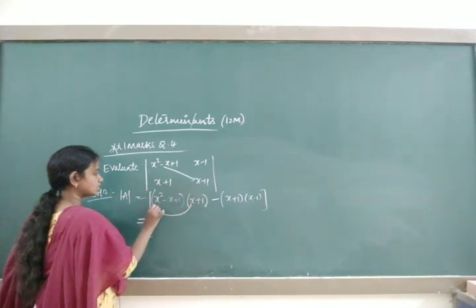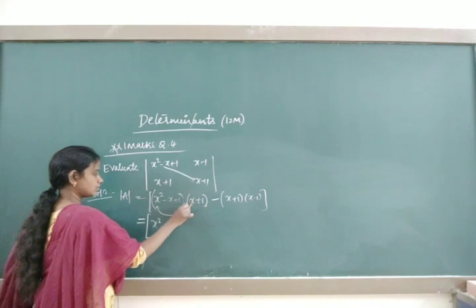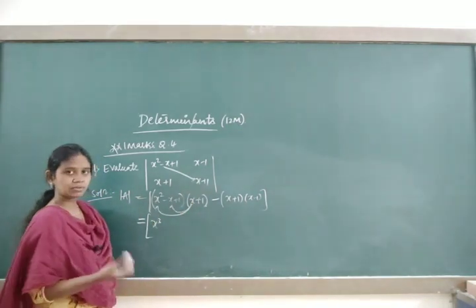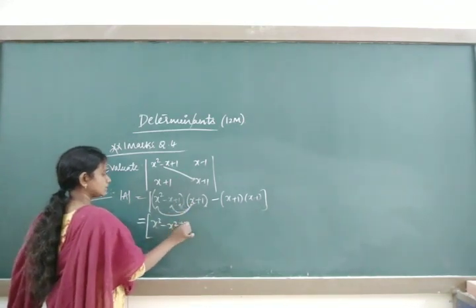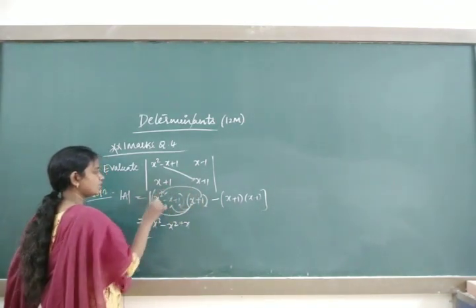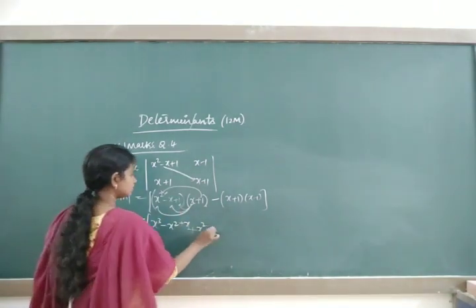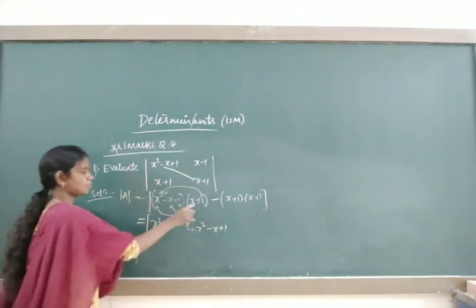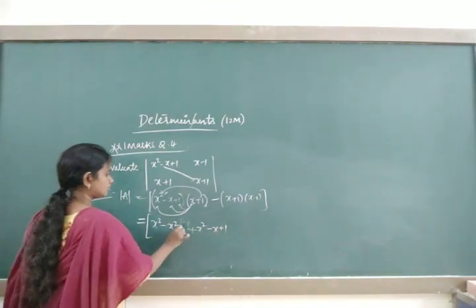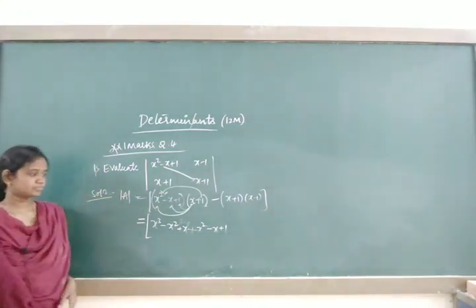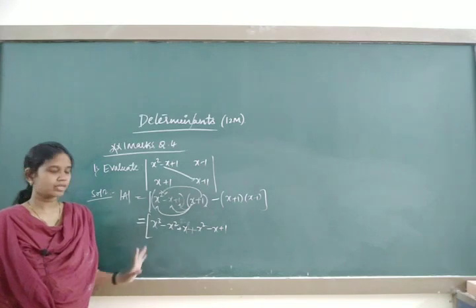Now multiply this inside, x square into x, x cube. Next this one, minus x into x, it's a minus x square, then it will be plus x. Now similarly multiply with the 1 into x square plus x square. This is minus x and this is plus 1. Multiplication. Totally 6 terms you have to get. You know the multiplication, please multiply carefully.